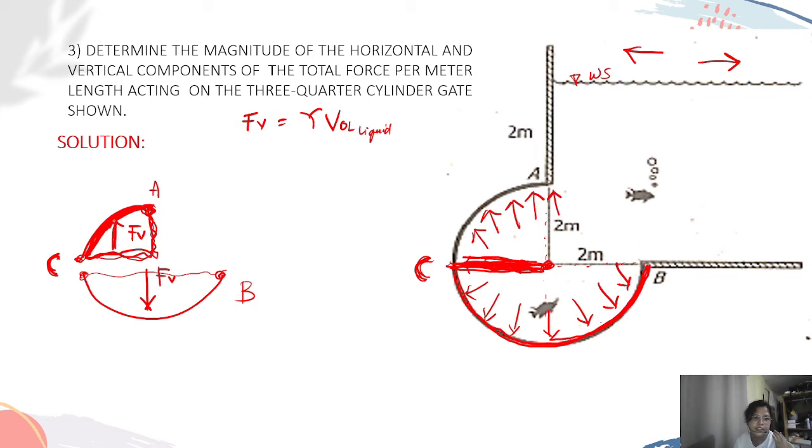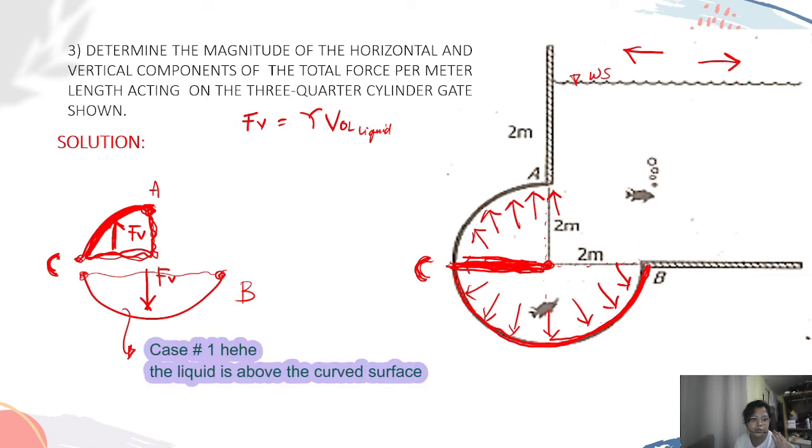Ibig sabihin, itong C to B falls under case number 2. Recall na yung case number 2 is the liquid is below or napapatungan nung curve surface, and this A to C naman is your case number 1 where the curve is above the liquid surface.